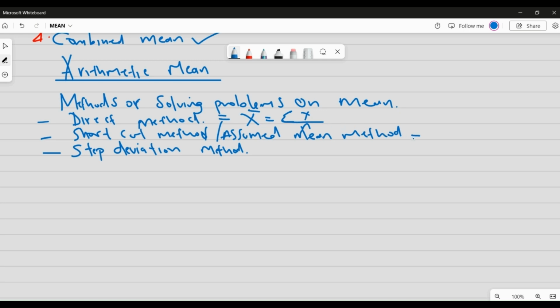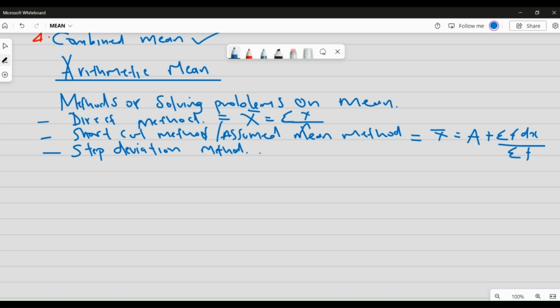Then the shortcut method says that mean is equal to an assumed mean plus summation of f dx over summation of f. This is the formula for the shortcut method of computing mean.